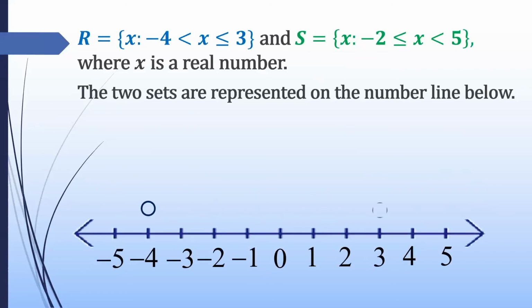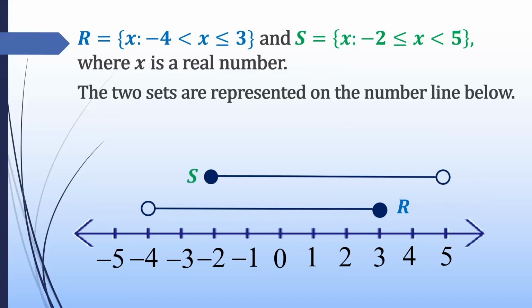So on my number line, I will have the set R and the set S. Now I need to find R union S. So I need to find all the elements which are found in set R and the set S. So here is R union S.